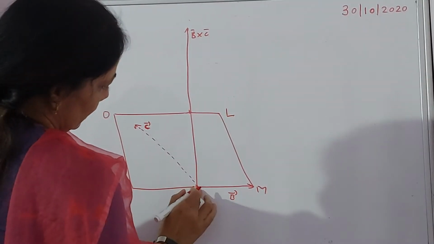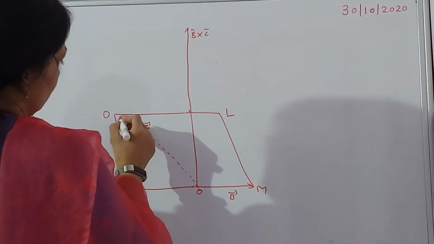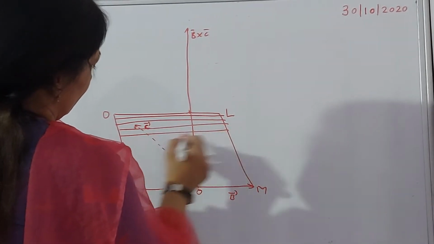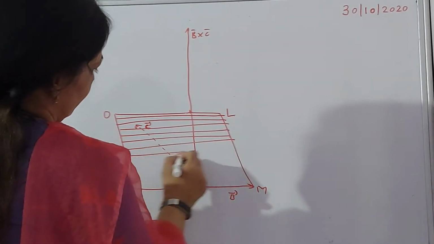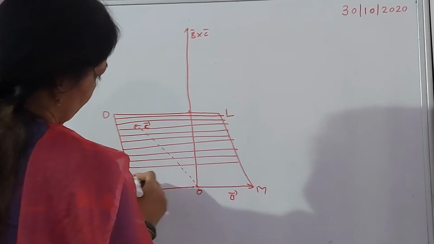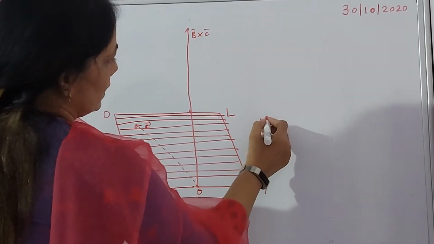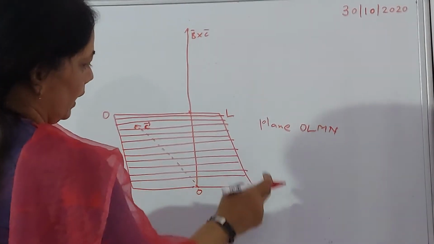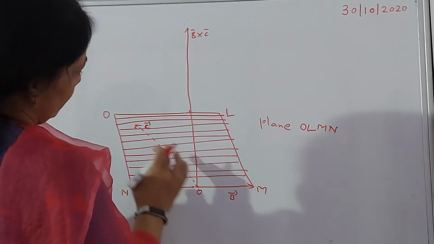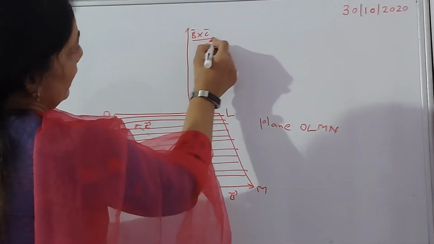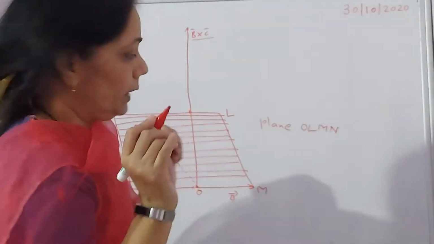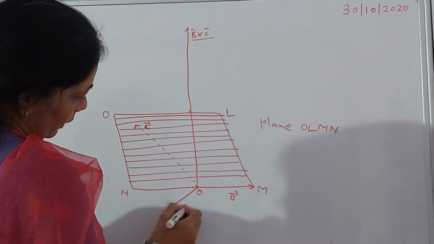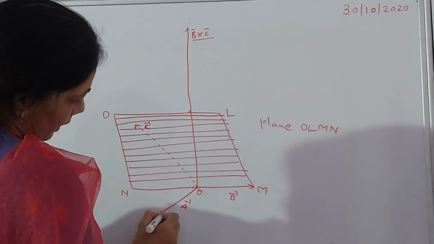This is vector B, this is origin O. Correct? So this is my plane, plane OLMN, in which I have vector B and vector C, and this part is my vector B cross C. Now suppose from this point itself I have a vector A over here.